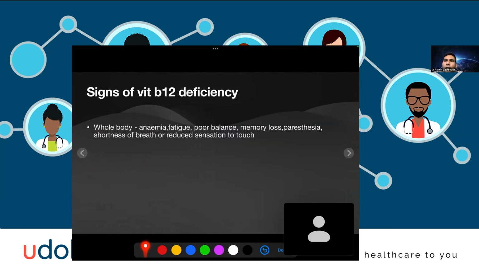Now, there are certain signs of vitamin B12 deficiency, and we need to be cognizant of these. If we encounter any individual coming in complaining of fatigue, poor balance, memory loss, paresthesia, shortness of breath, a reduced sensation to touch, or anemia, we can have clinical signs of the anemia, obviously.